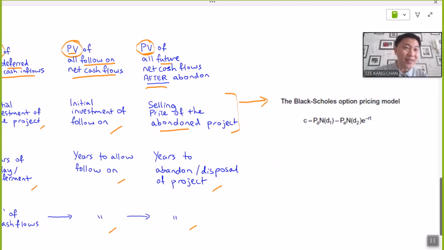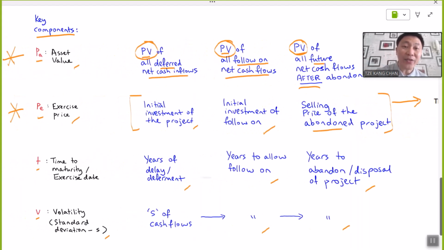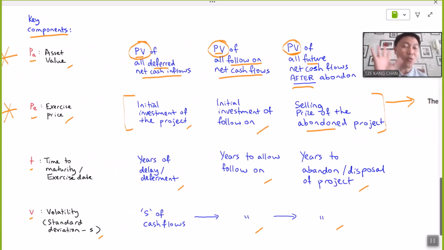And that will be done directly in the BSOP formula, which you can find in the formula sheet. You may be aware the element of PE will ultimately multiply, apart from ND2, with the exponential discount factor. It is this stage that converts the exercise price into present value so that it will be fair to compare to the asset value that is also in present value, as we mentioned a moment ago. That's the rationale of gathering all the values as discussed.